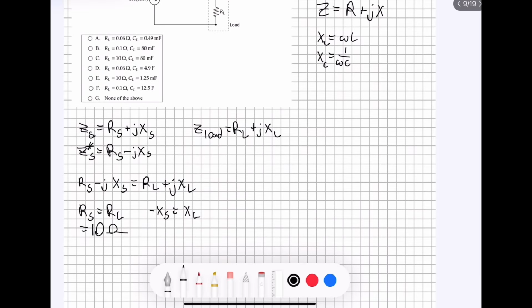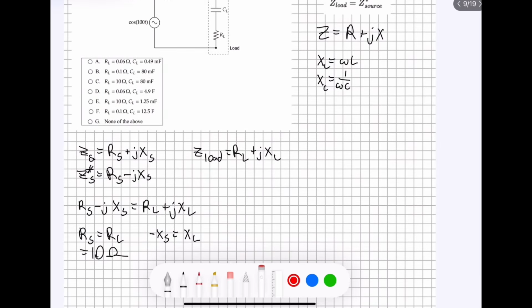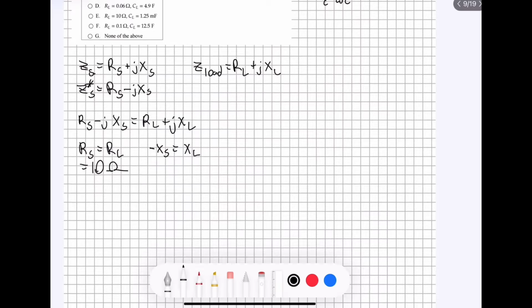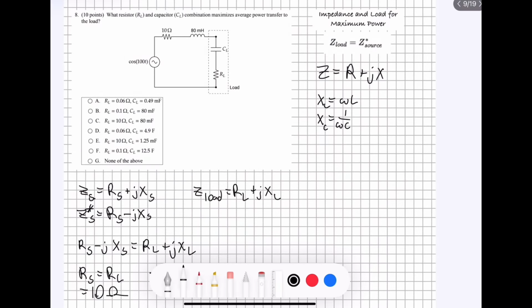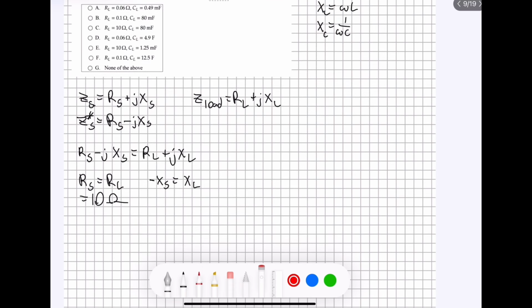And then here, in order to find the reactance of the load, we need to use our reactance equations. We know that because the source contains an inductor, we're going to be using our inductor equation.